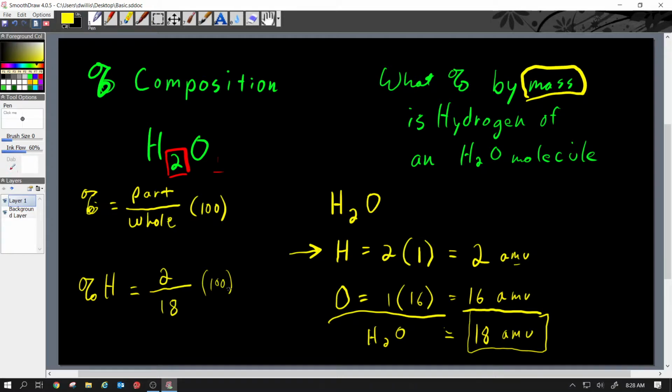So if it gives you a fraction, just hit Control, Enter, and that will put it in decimal for you. Then multiply that by 100, and we're going to get that the percent hydrogen is 11.1% at 3 significant figures. All right, we feel good about that?